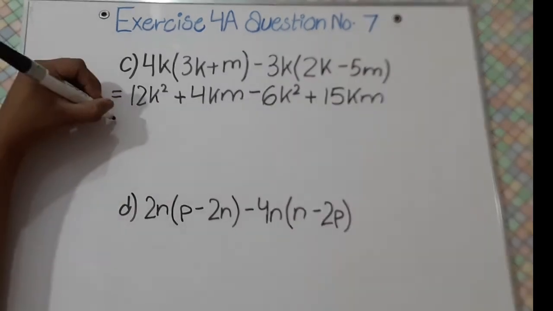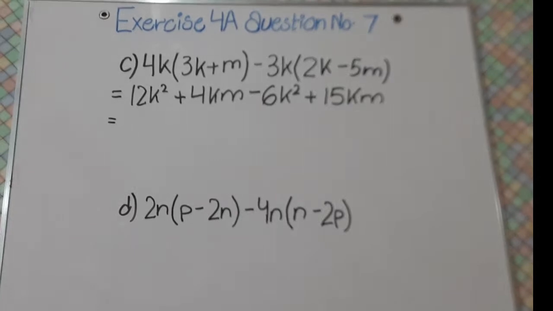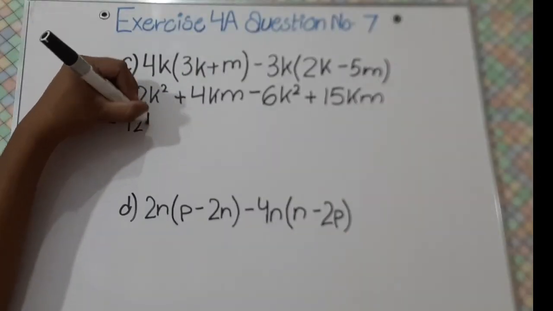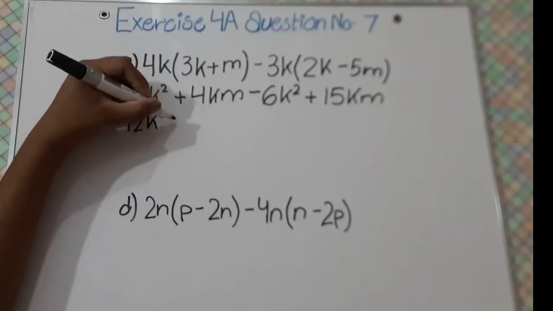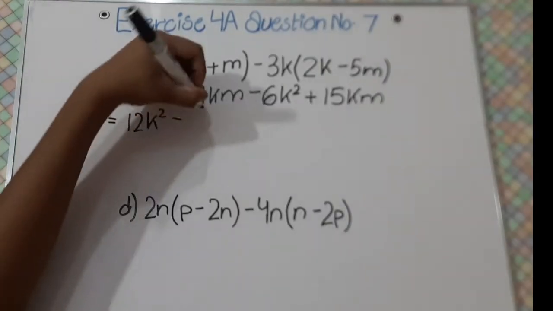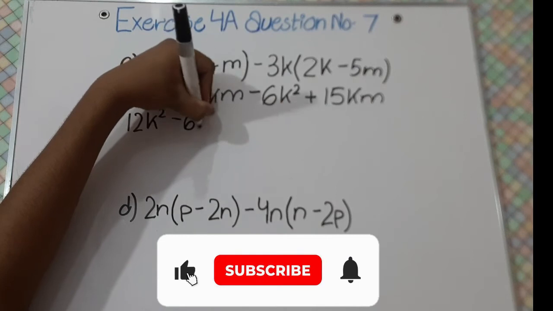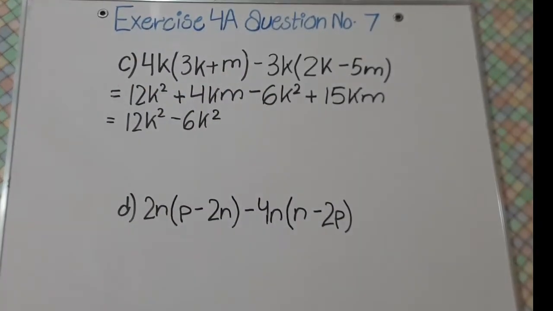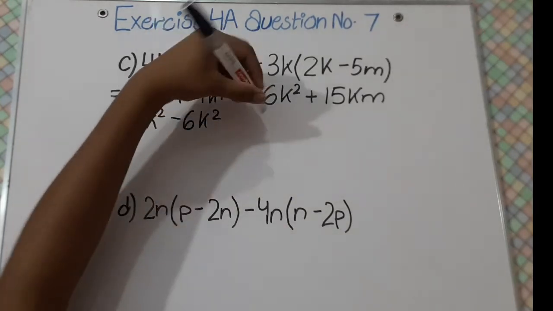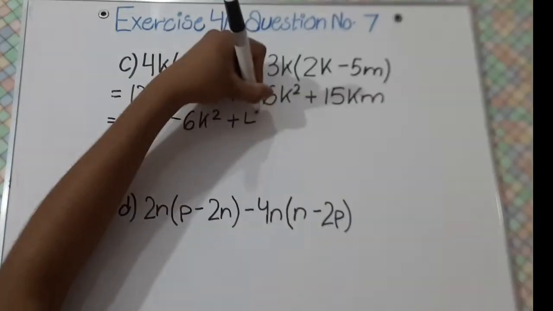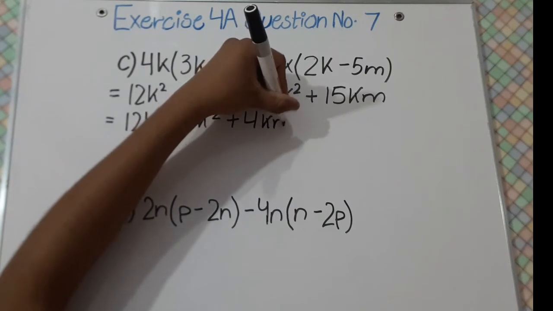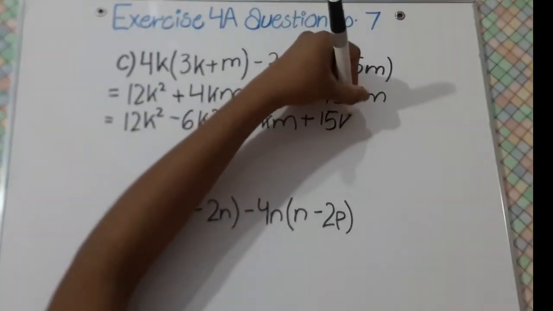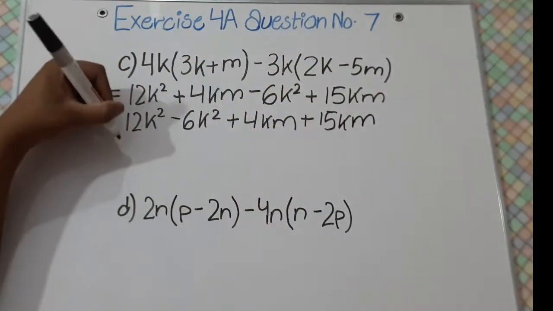Now we are going to gather the like terms. So 12k squared and 6k squared are the like terms: 12k squared minus 6k squared, plus 4km, and at last plus 15km.